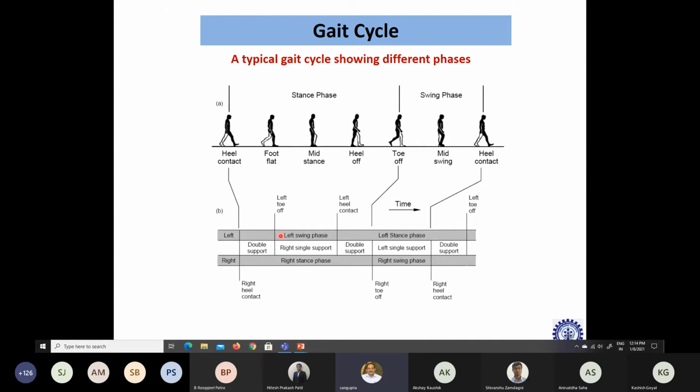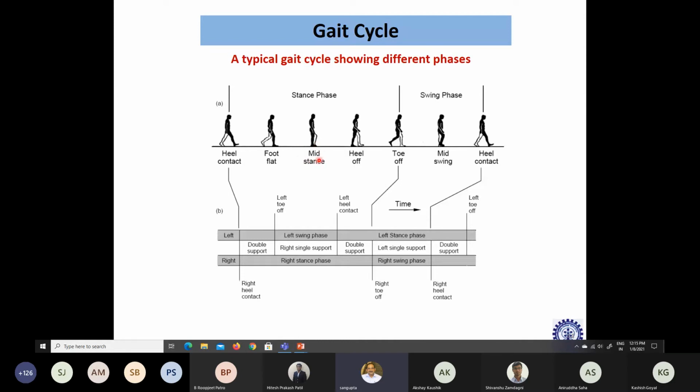So there is a mid stance phase, so foot flat, and the left leg swings and comes in the mid stance phase. When the right leg is executing the stance phase, the left leg is swinging and coming and supporting it.